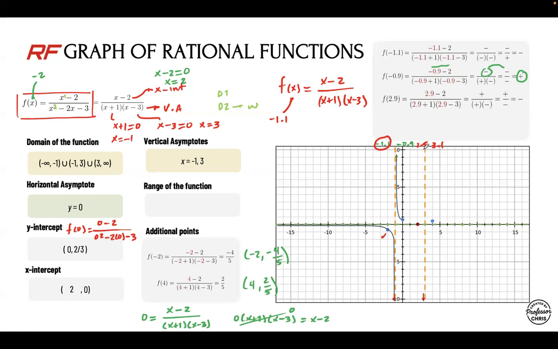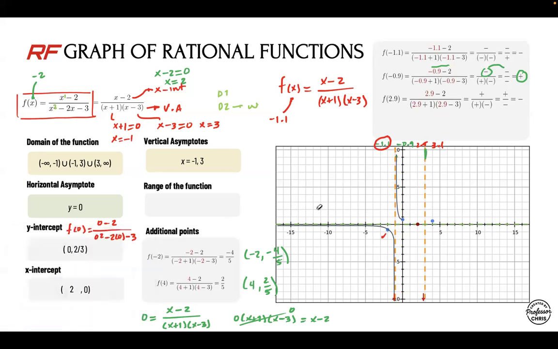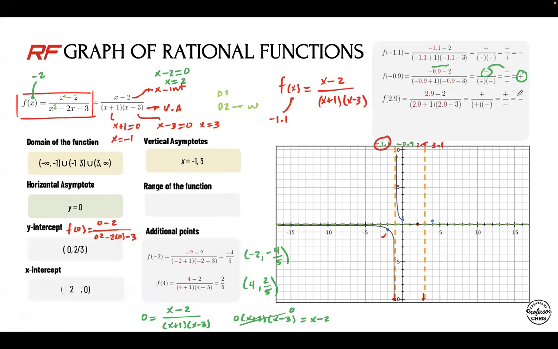My goal now is to find what happens when I'm very near this asymptote, but on the left-hand side of it. So let's evaluate the function, and I'm going to get a negative. It means that from this last known coordinate near the asymptote, the graph is going to move in the negative direction.